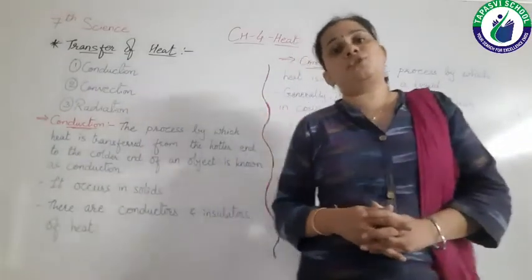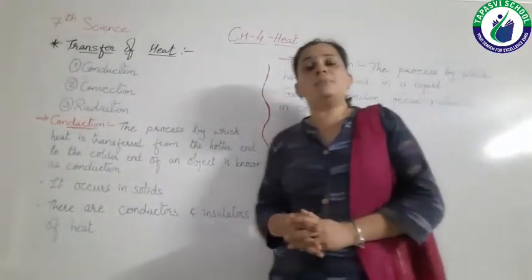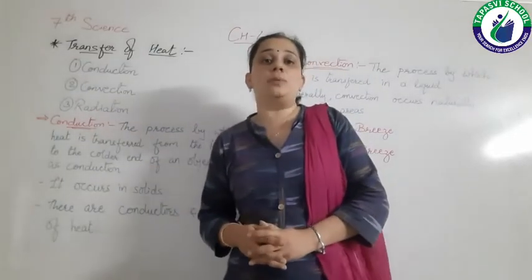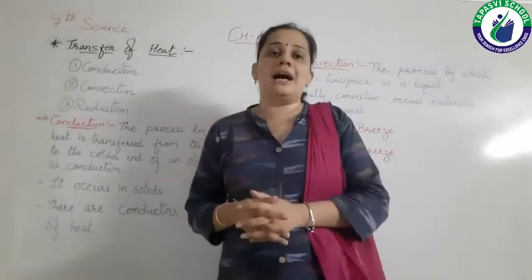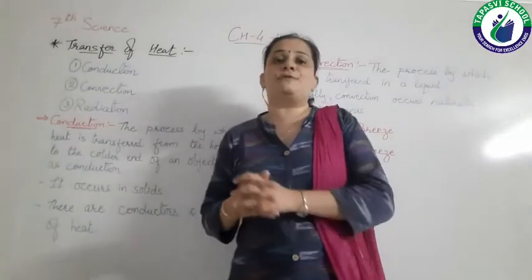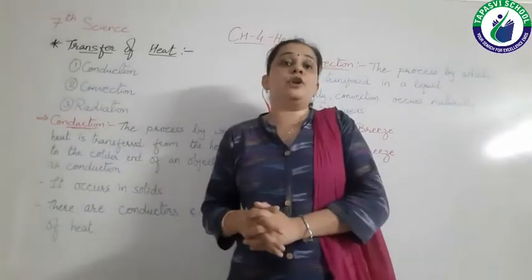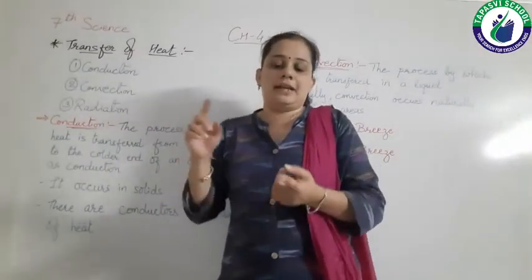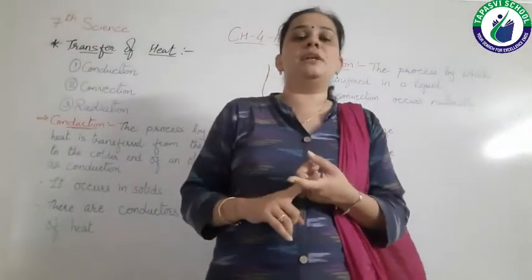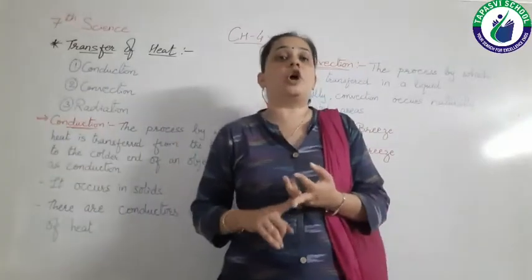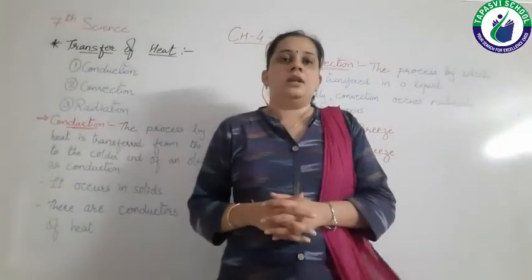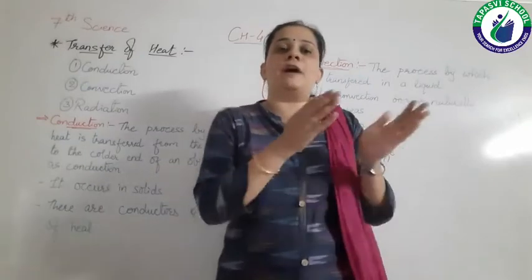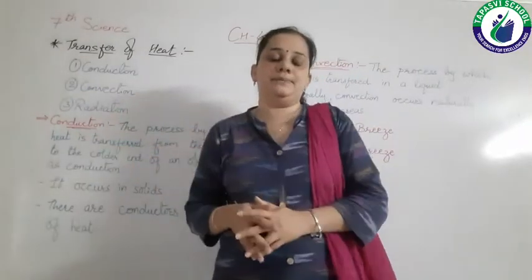But let's revise. What do you mean by conductors? Conductors are nothing but the objects which allow the heat to pass through them. For example, all the metals are conductors of heat, that is iron, steel, aluminium, gold, silver, copper, etc. They will allow the heat to pass from one end to the other.